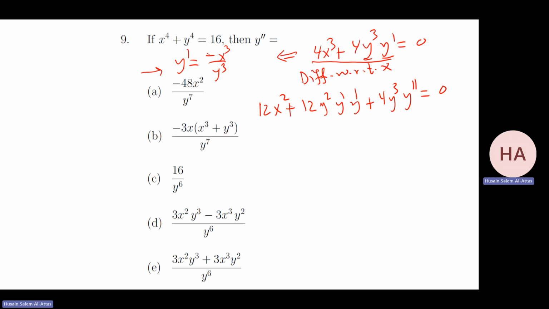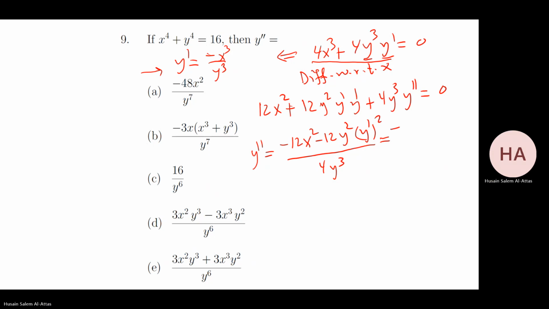Now y double prime will be what? Minus 12x squared minus 12y squared y prime squared over 4y cubed. Can divide by 4. That is what?